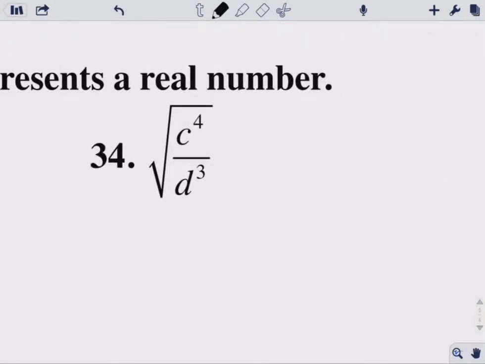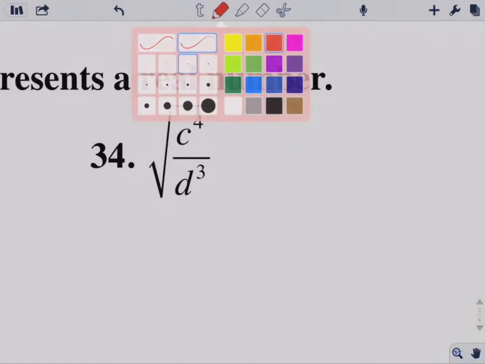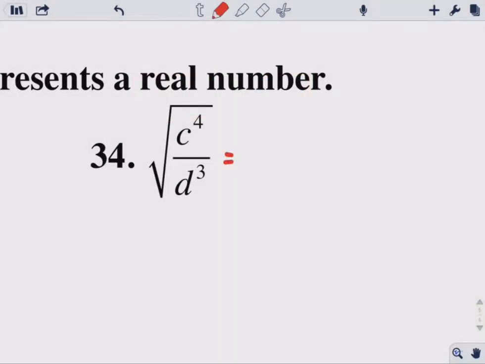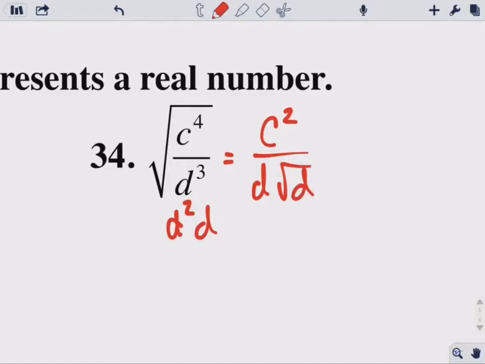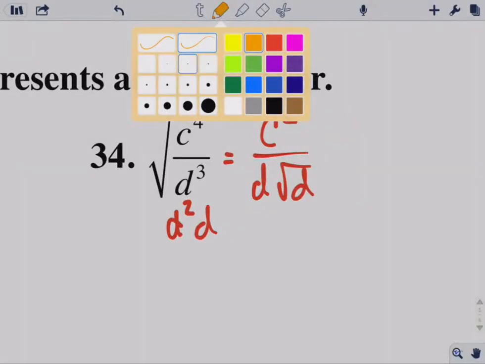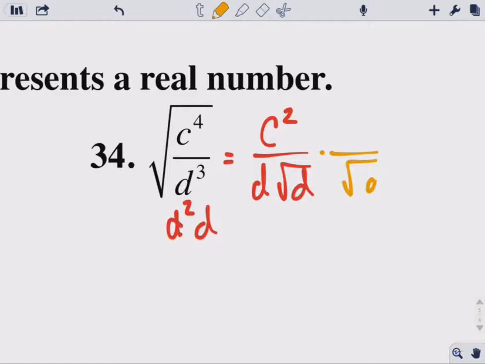And over here, this is a little bit harder. Square root of c to the 4th is c squared. On the bottom, that's d squared times d, so I'll get d square root of d on bottom. And then I've got to rationalize the denominator, so I need a square root of d and a square root of d.